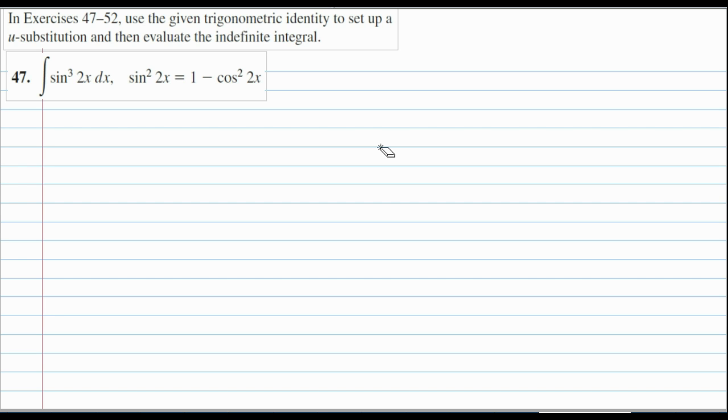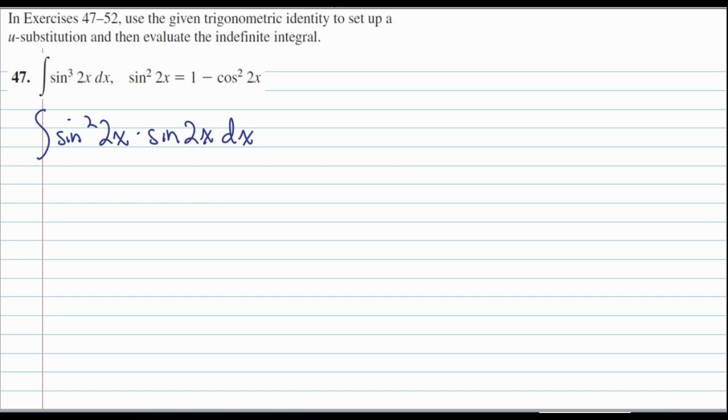But I do have sine cubed, so maybe I'll start out by splitting up that sine cubed into a sine squared 2x times sine 2x dx, like we used as a strategy in the second part or third part of the example. Now this problem is also telling you what trig identity to use, which will not happen on an AP exam or a test either, but that's okay.